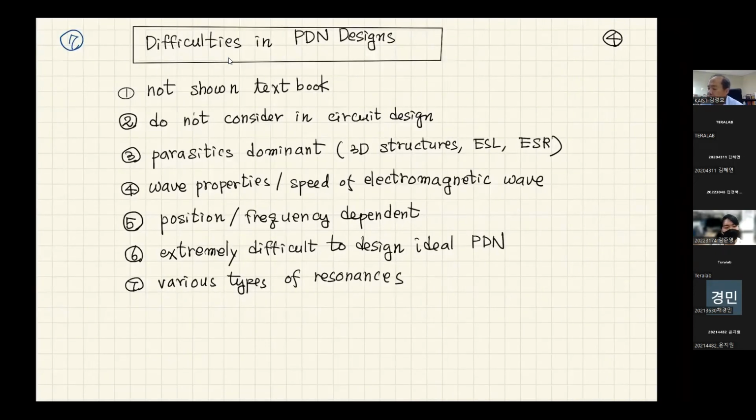So as a summary of the class so far, I would like to mention the difficulties of PDN design in high-speed digital circuits. I sometimes say that power integrity might be 3 times more difficult than signal integrity. Number one is that it's not shown in the textbook.